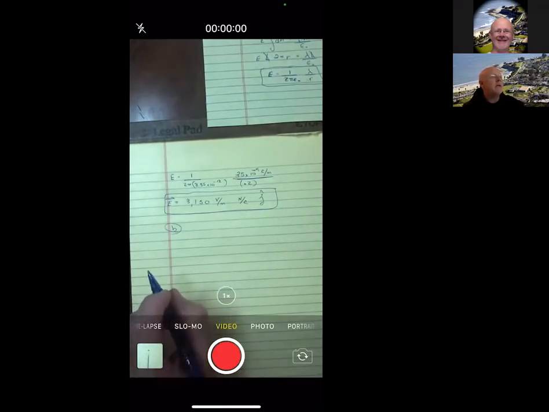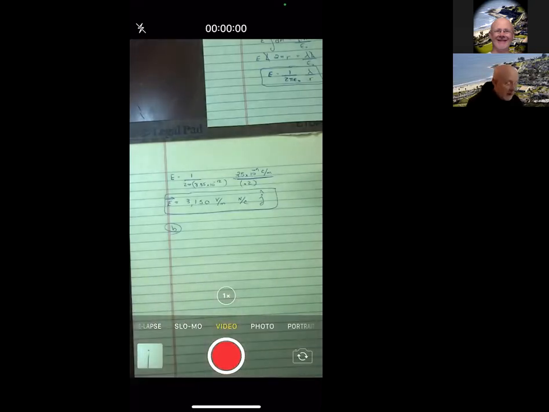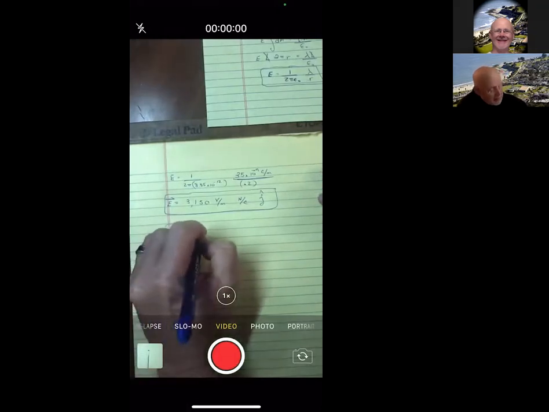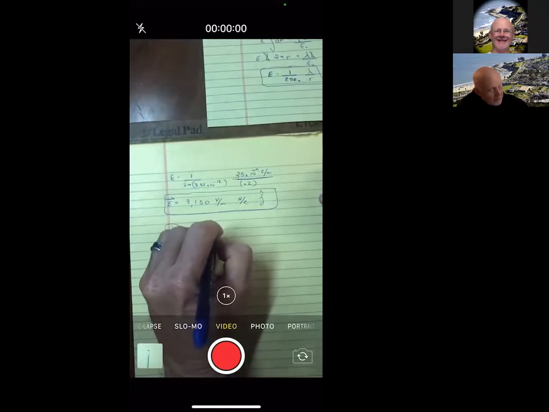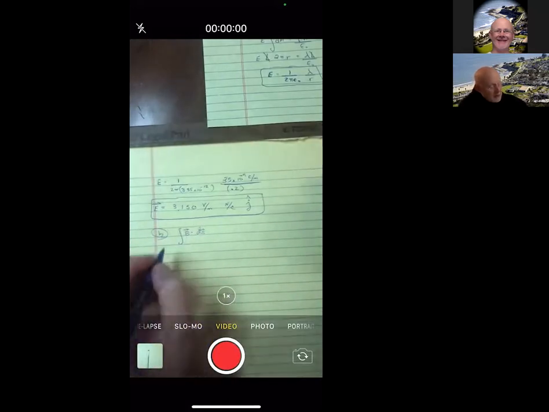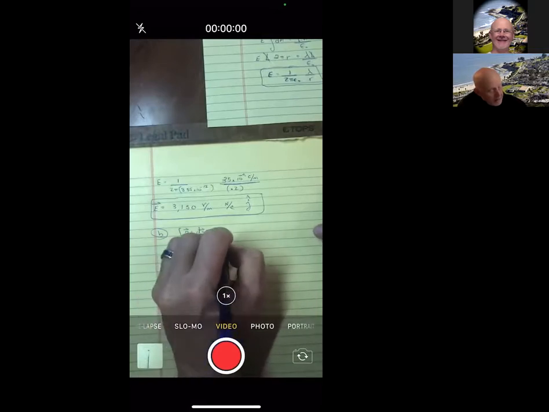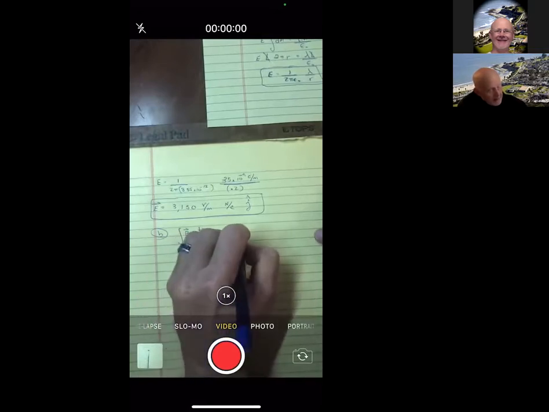B says, find the magnetic field it creates at this same point. All right, well, I guess this is where this chapter comes into play. Because we learned that the magnetic field comes from two places.